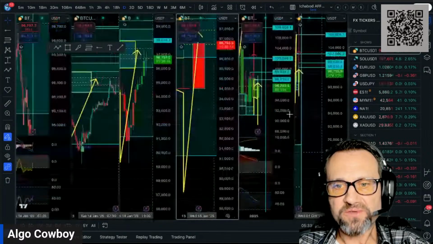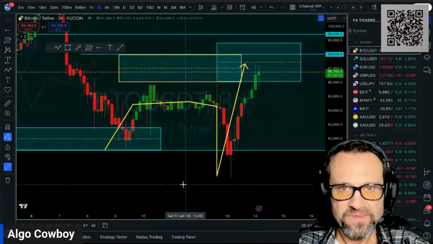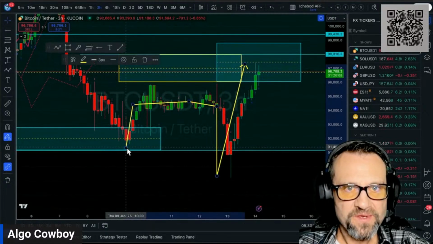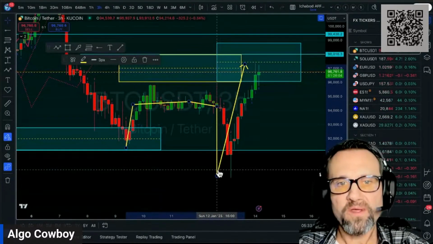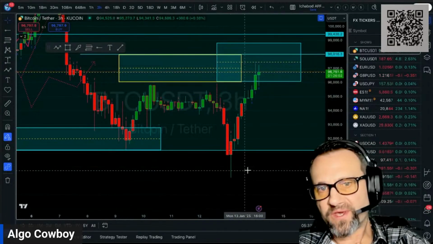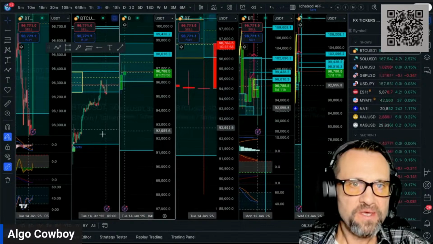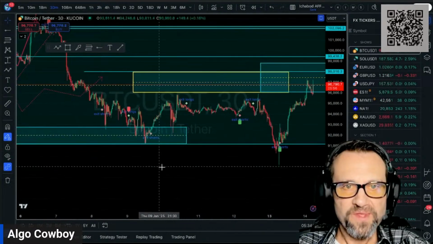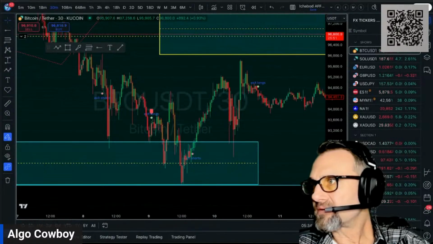So if I head down to a 3 hour to make this a little easier to see, you can see it right here. This U shape, price comes down, and it really catapults up hard. Now, this is following that discussion around market making, right? That bit of price action that looked a bit unnatural to me. And I remember talking about it on the Sunday weekly video right here.